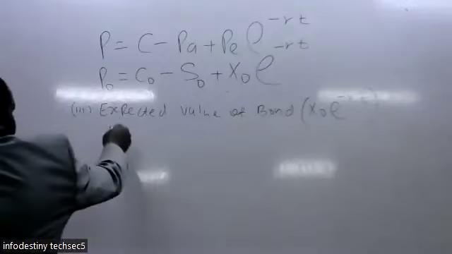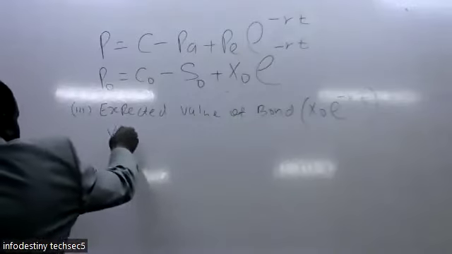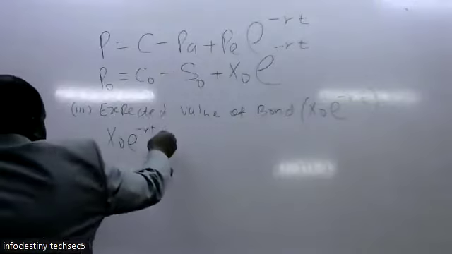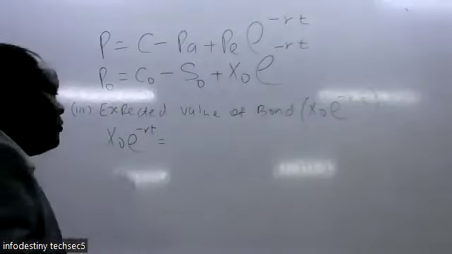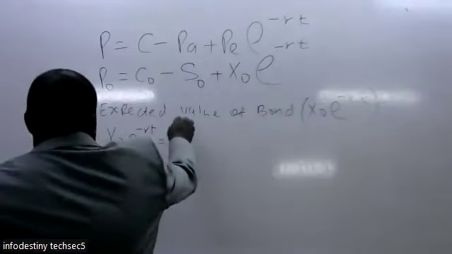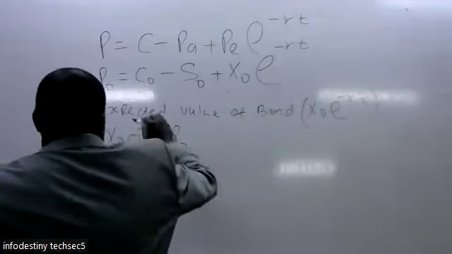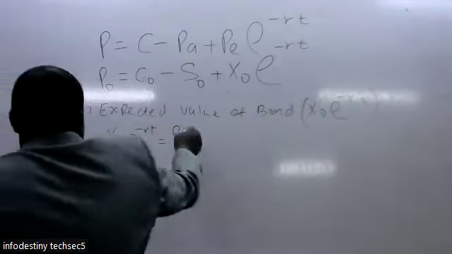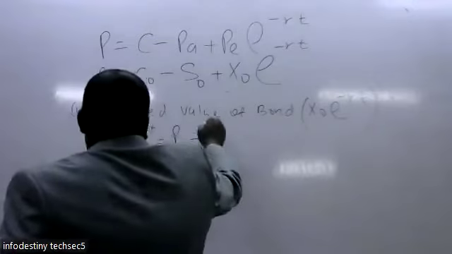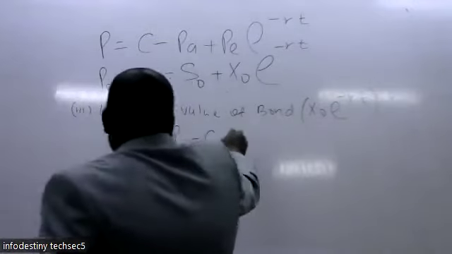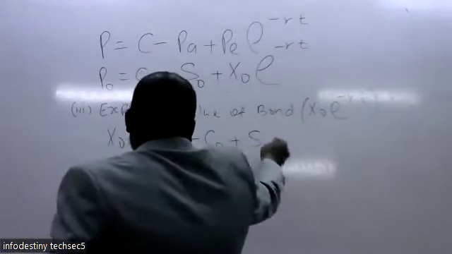So that means XO, when we make it the subject, should be equal to PO. CO will cross and become negative, then SO will cross and become positive.